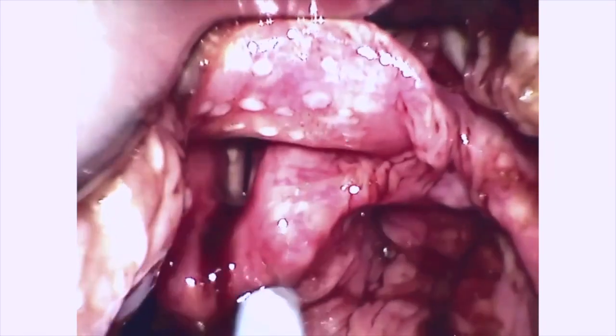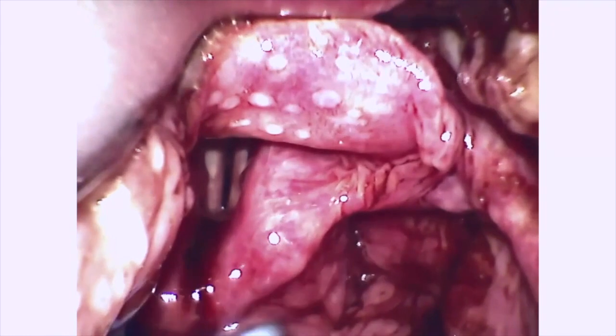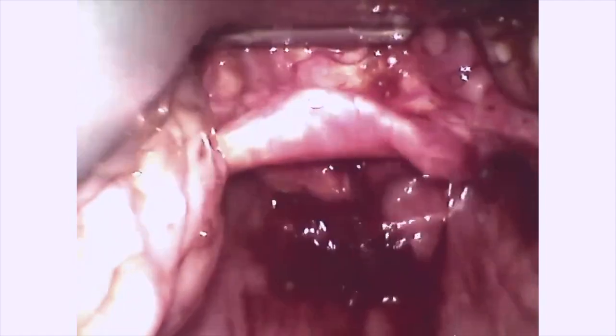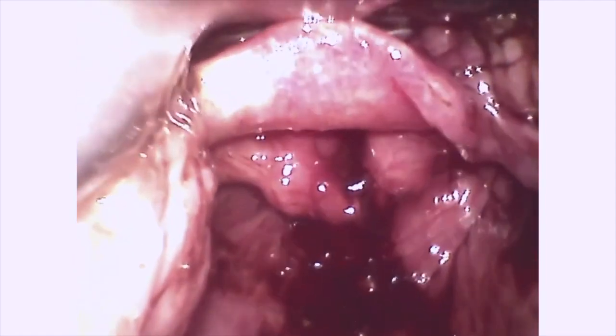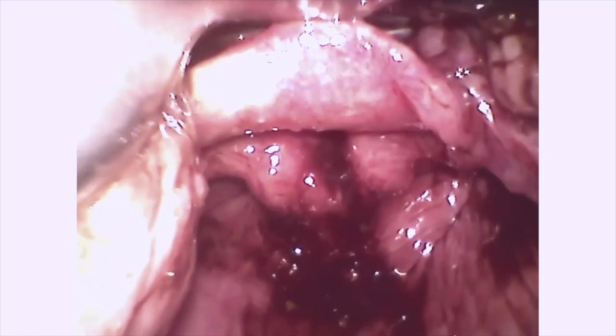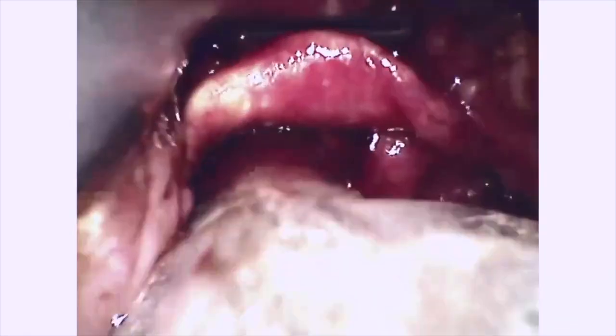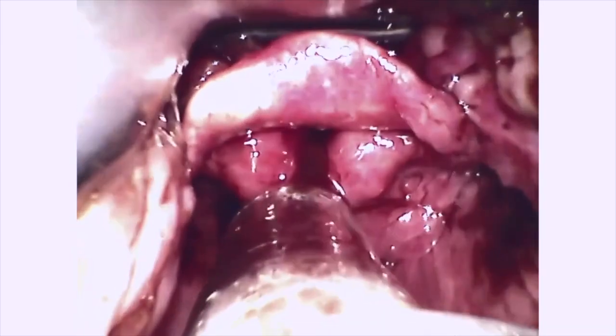So let's back up about 10 seconds there, because I think you predicted the future there. We have the bougie coming into view. We have the tip of the endotracheal tube just posterior, or what looks like inferior on the screen, but posterior to the arytenoids. So when we see the endotracheal tube come in, it's just not getting anterior enough, right?